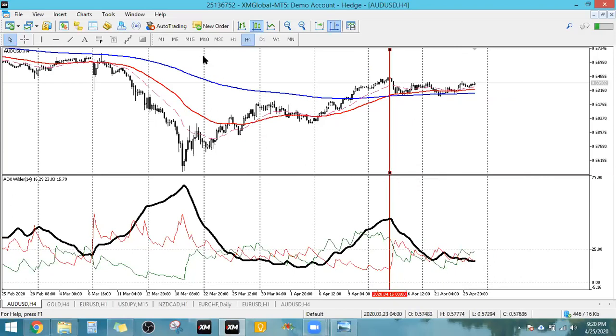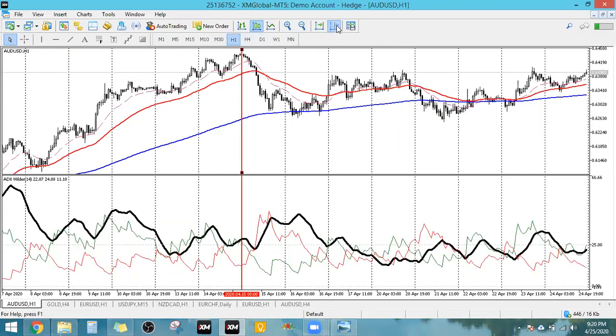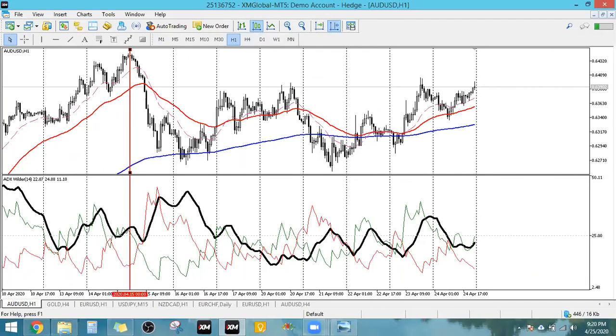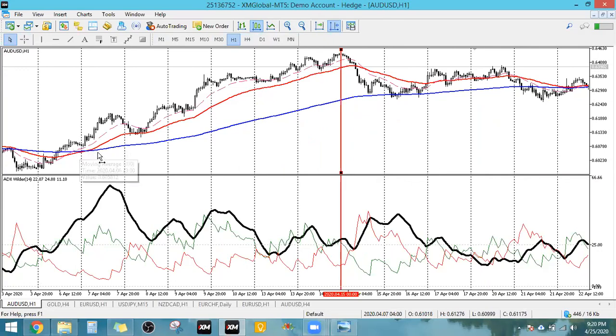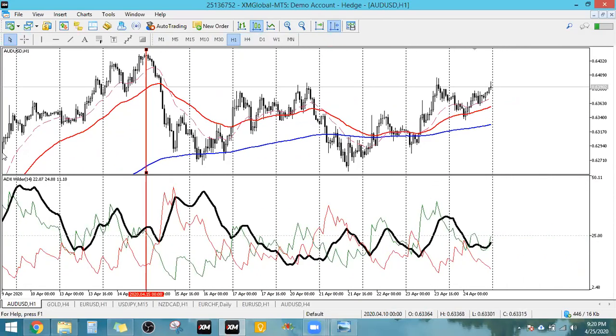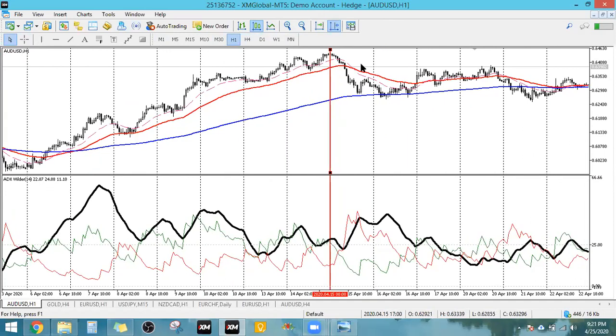Next one is the H1 charts. On the H1 charts, medyo matagal na yung buy signal natin, couple of days ago, start of April pa lang. And probably would have closed it somewhere around here. Kita niyo yung cross ng dalawang moving average.